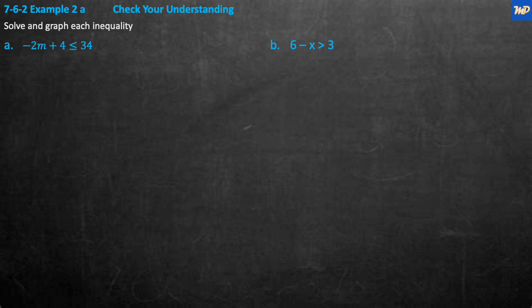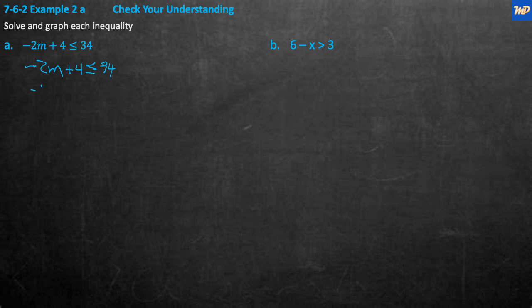So let's check our understanding. Solve and graph each inequality. We're going to start out with a here, so it's minus 2m plus 4 is less than or equal to 34. So we're going to get rid of the 4. We've got the m's already on the left. We're going to put the 4 on the other side, make it a negative 4.